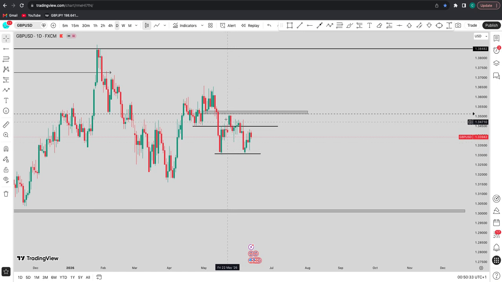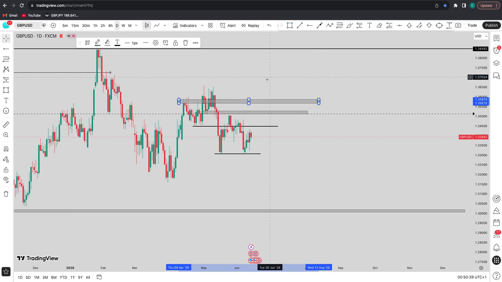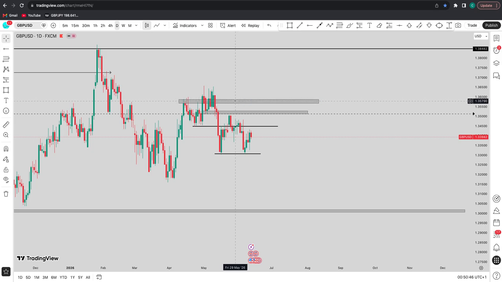I would have loved for this market to come back into this level right here, pull back into this level. This is where I'll be looking at to start selling this particular market, but the market did not get back to this level, so I'm not interested in this level anymore.